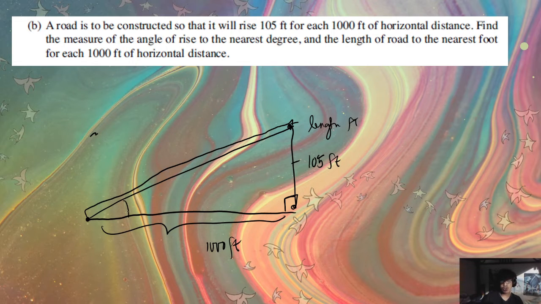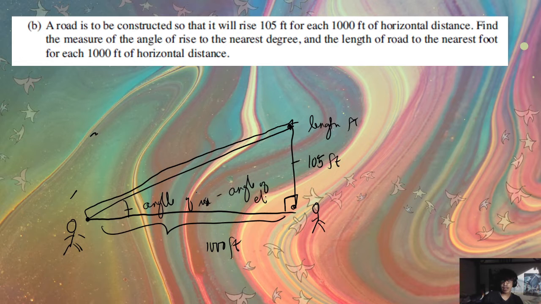We have a term for the angle of the rise. If we have an observer at the bottom, at the start of this road, we call this the angle of elevation.